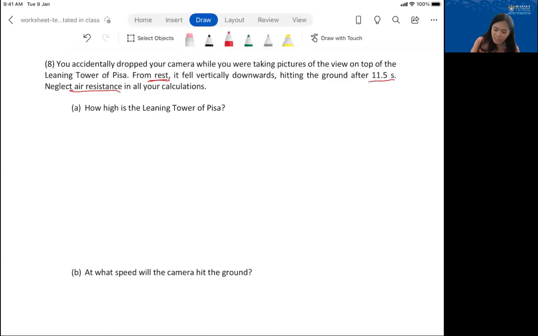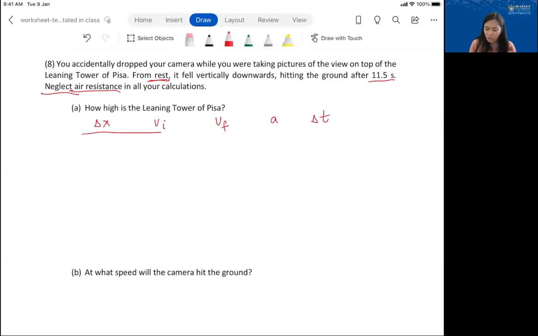But reading something like neglecting air resistance, that means it's a free fall problem. And free fall problems use kinematic equations, except that the motion is along the vertical instead of along the horizontal. So still do the same strategy as we do in kinematic problems.